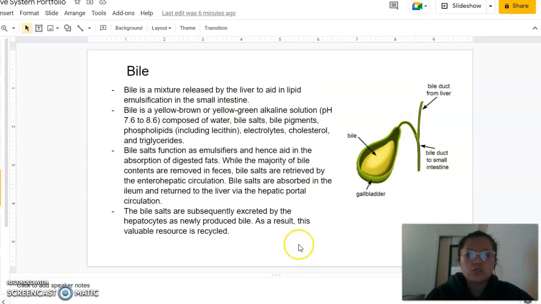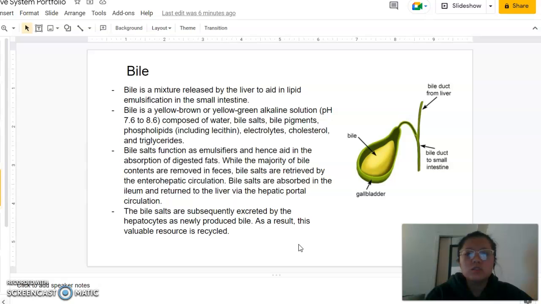Bile has a mixture of water, bile salts, bile pigments, phospholipids, electrolytes, cholesterol, and triglycerides. Bile salts act as emulsifying agents, so they are important for the absorption of digested lipids.